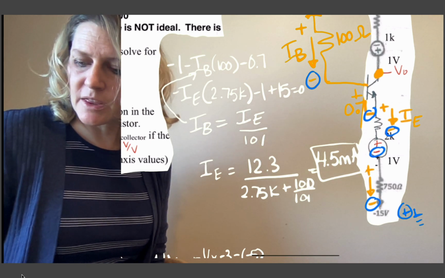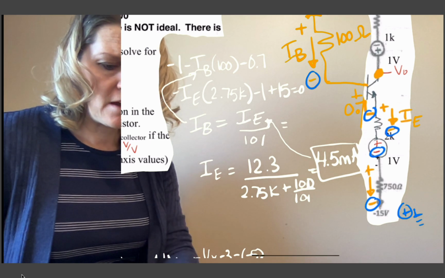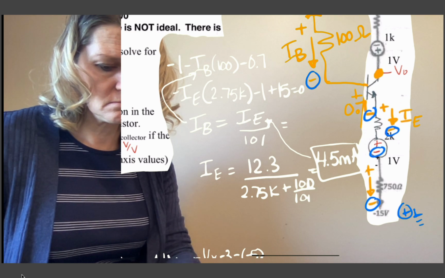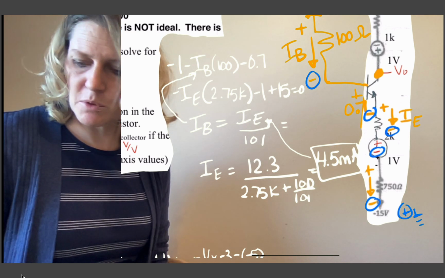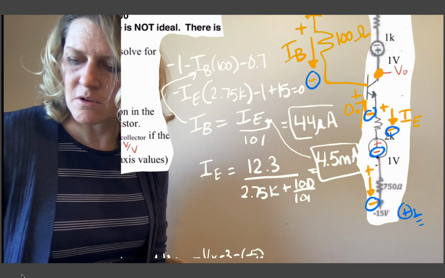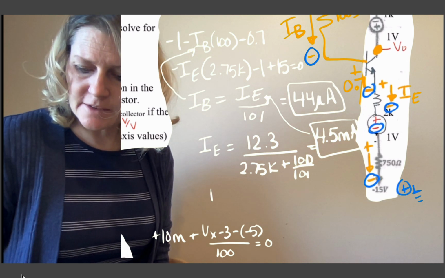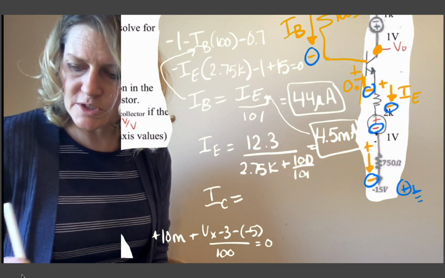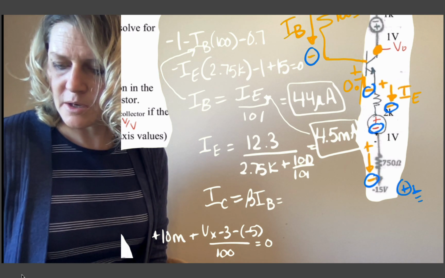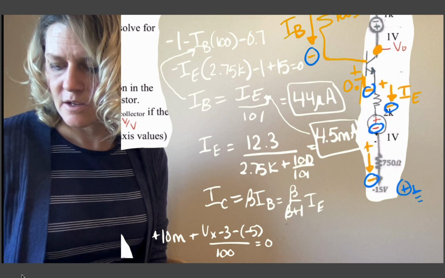I can then plug that back in for IE here for IB, and I get 44 microamps. And I can use the relationship for IC, which is beta IB, or beta over beta plus 1, which is alpha IE.